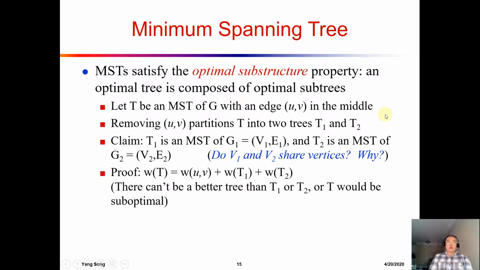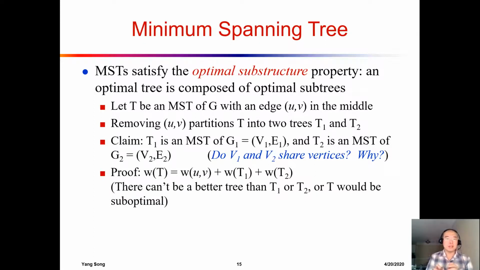And the next part: in the MST, we have an important feature we want to talk about. That is the optimal substructure. If we want to divide this MST into two parts, we just say there are two subtrees, tree 1 and tree 2.